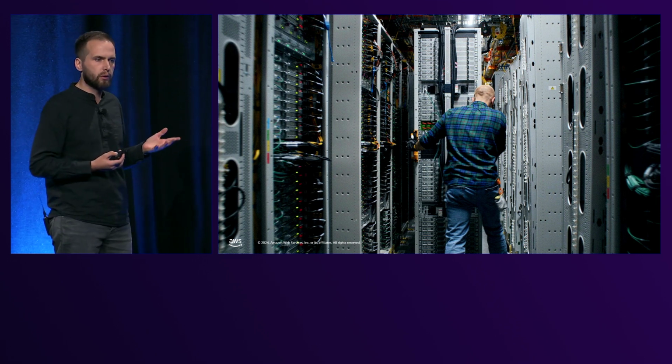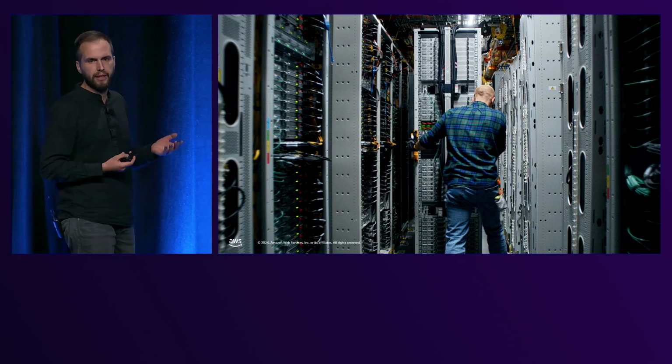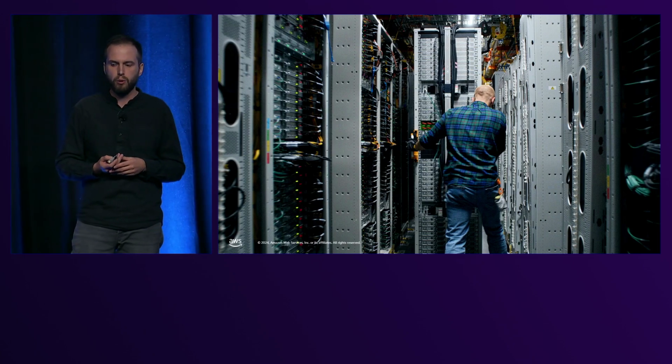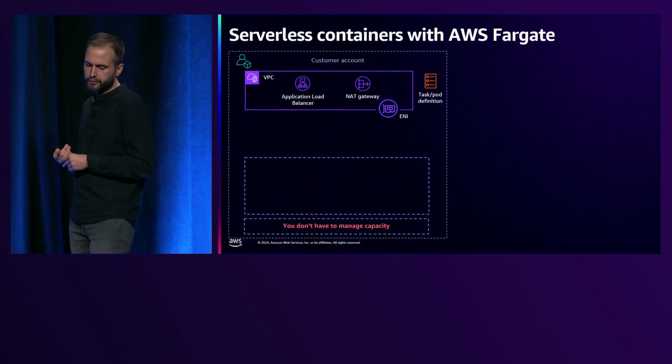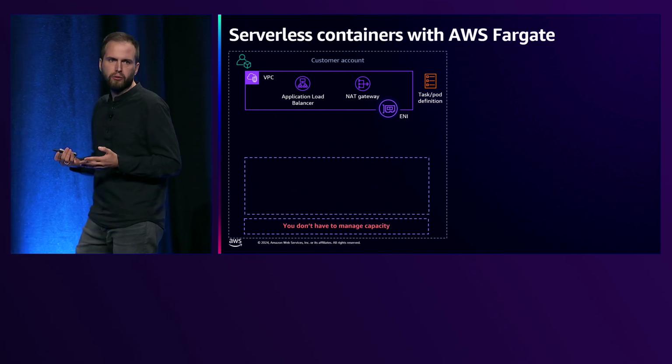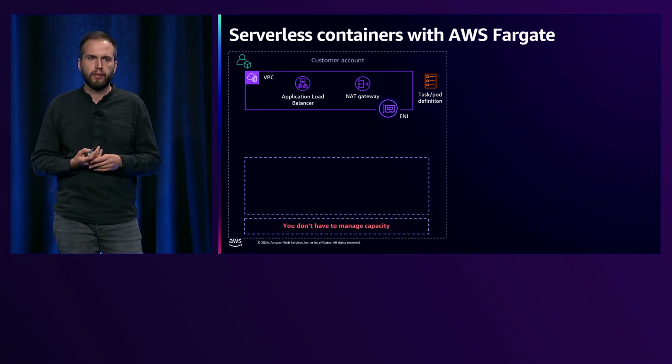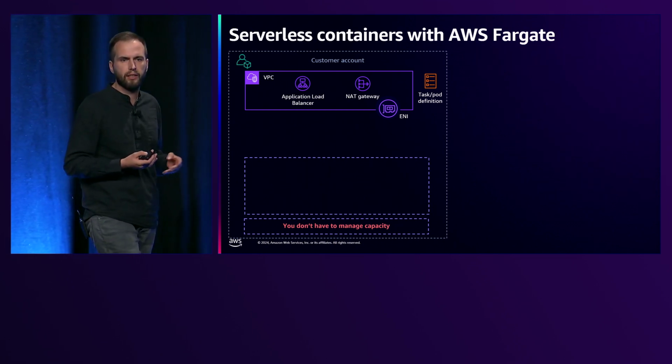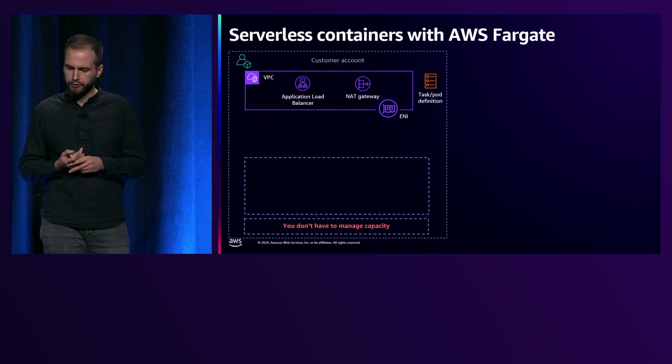And now coming back to our example, we can also run our containers in a more serverless fashion with AWS Fargate. Fargate is a serverless compute engine that lets you run your containers on highly available and up-to-date infrastructure.